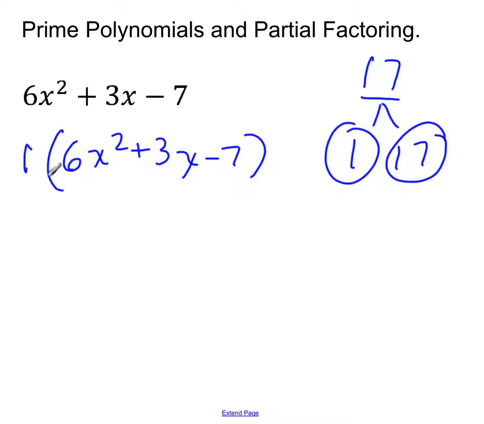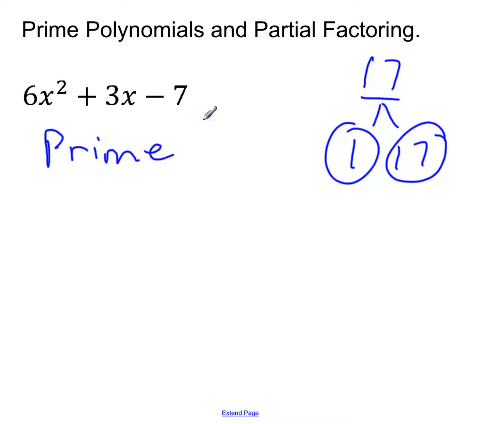Pulling a 1 out, I really didn't change anything. I just put a 1 here. It's basically repetitive. So instead of doing that, that's actually not a good choice, really. You can state that this polynomial is prime, meaning all I can come up with is 1 times itself. And that will happen in this chapter.